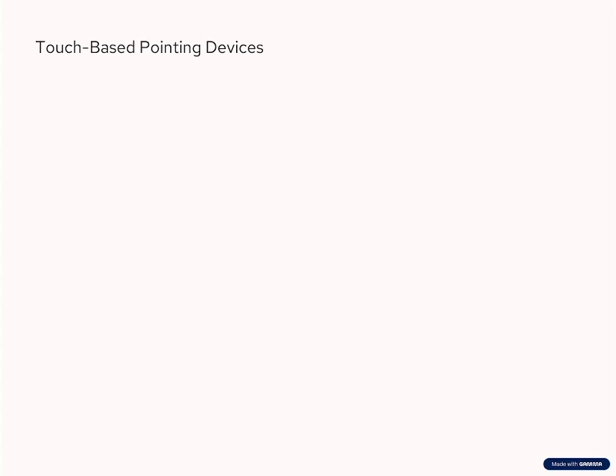Now, touch-based pointing devices. What do you mean by touch-based pointing devices? These are pointing devices that are operated with the aid of touch technology. Remember, we talked about a touch screen sometime back. Your phone is an example of a specialized input which performs both output and input activities.